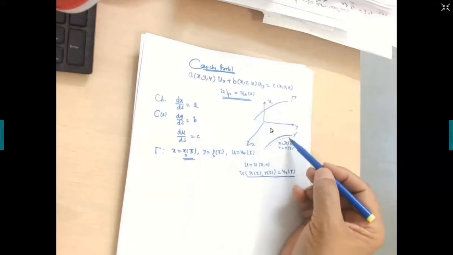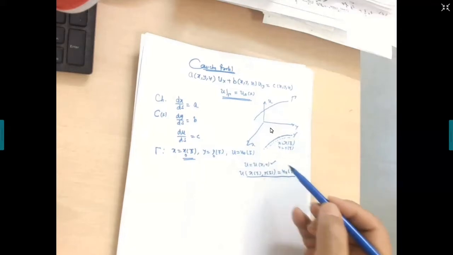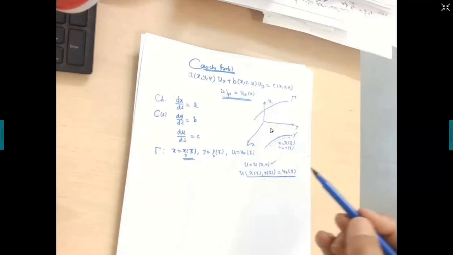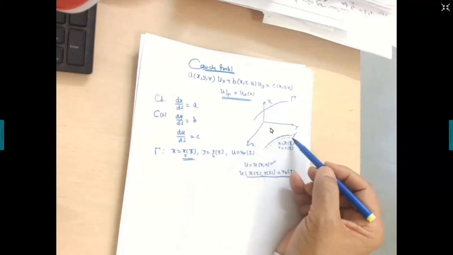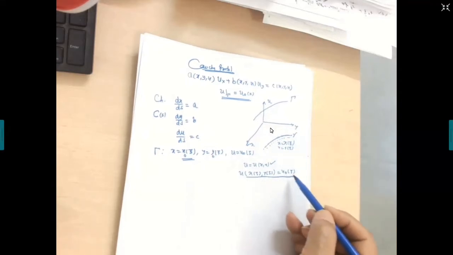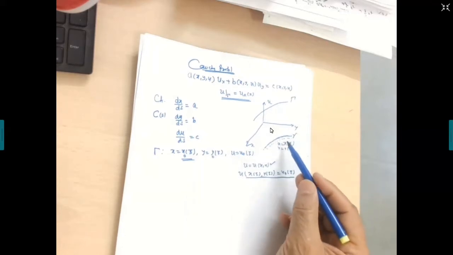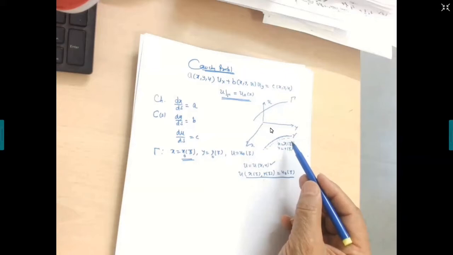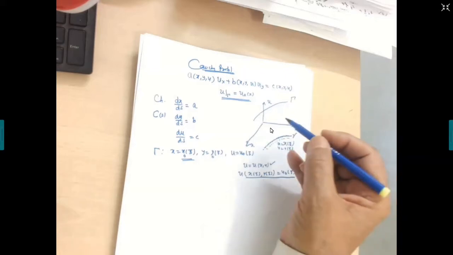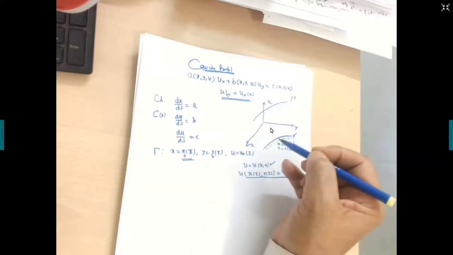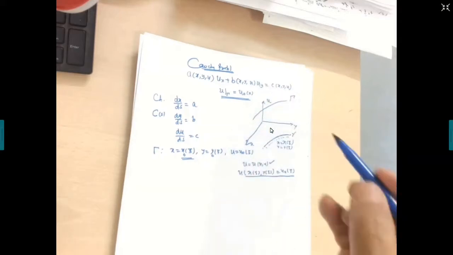The problem consists in finding the solution of this form such that this solution, in the neighborhood of gamma, takes on specified values on gamma. It's very important. So this query is equivalent to asking whether this problem has a unique solution for this partial differential equation.